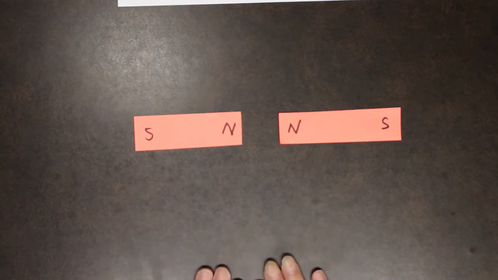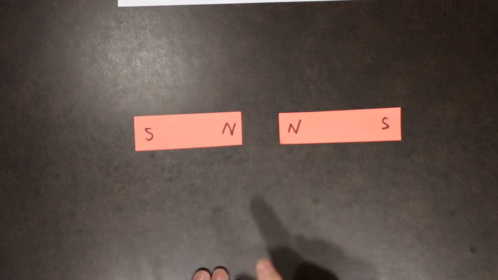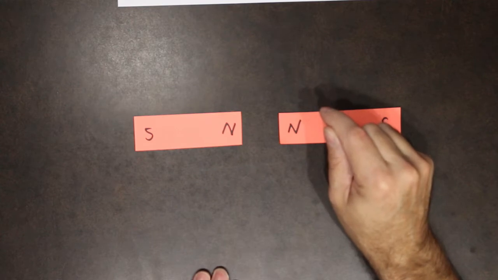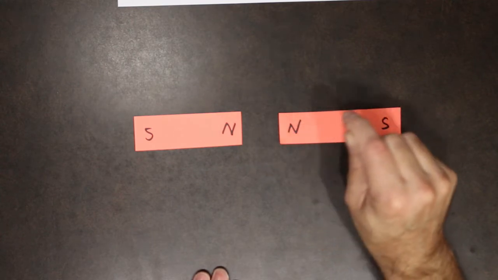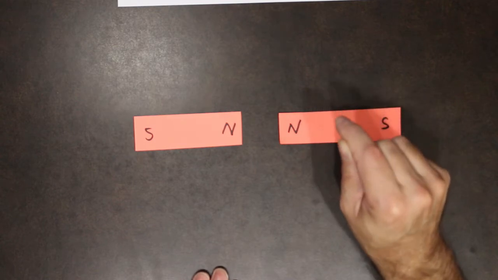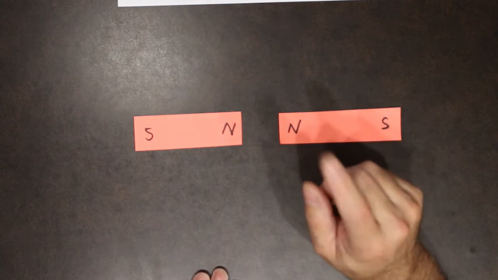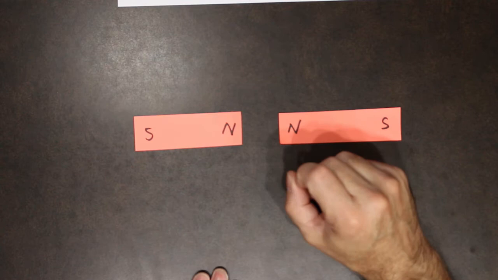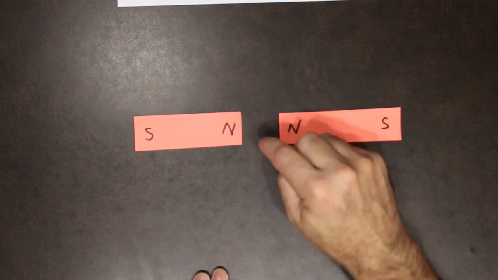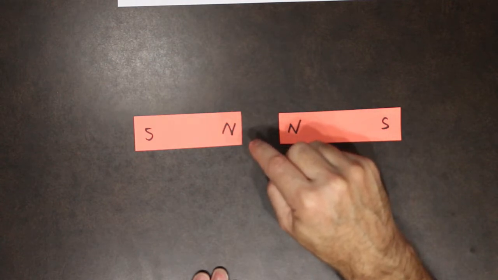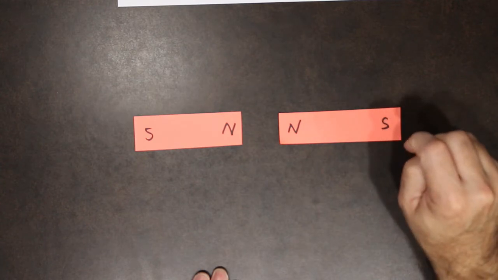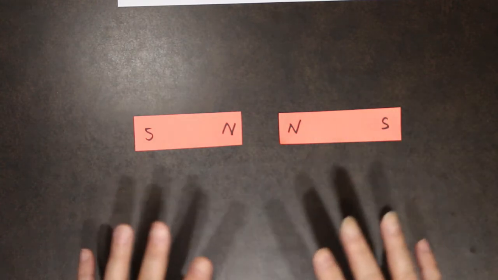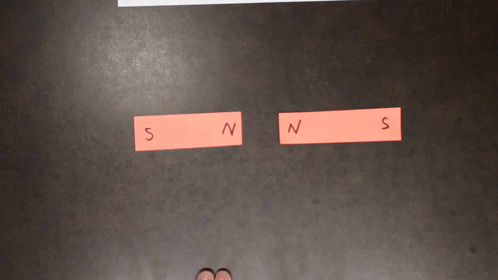By definition, a motor is a machine that converts electrical energy into mechanical energy. So, how is that all done? Well, it's done through magnetics.